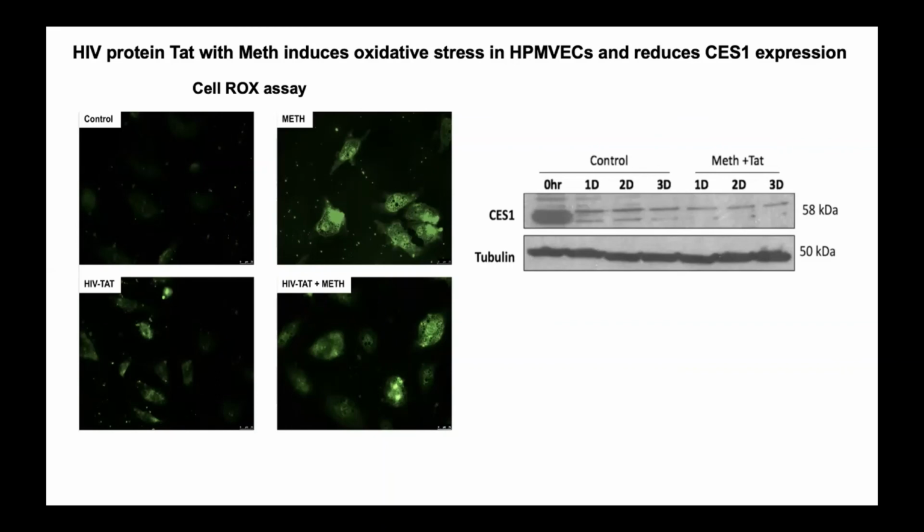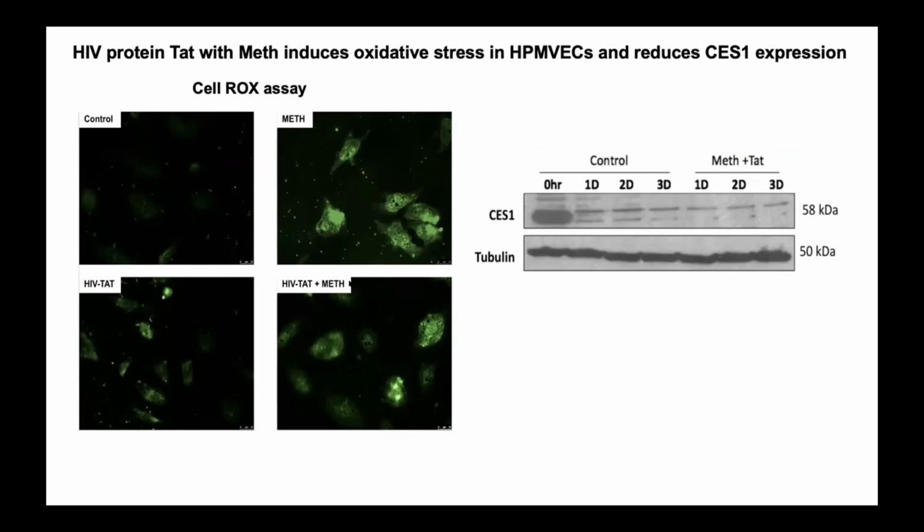When we were thinking about all this, we thought that maybe similar to BMPR2 mutation, or even in idiopathic PH, if SES1 is playing a role in promoting endothelial function, or meth is causing a lot of oxidative stress and endothelial cell death, maybe if we give HIV-Tat protein to these cells with or without exposure to meth, we will see a similar kind of response.